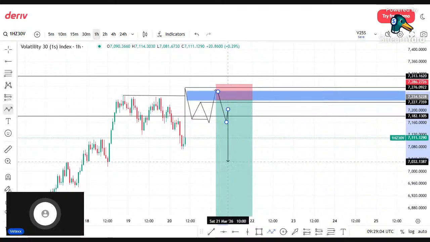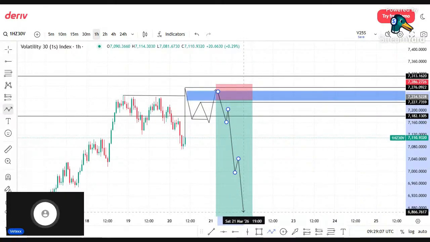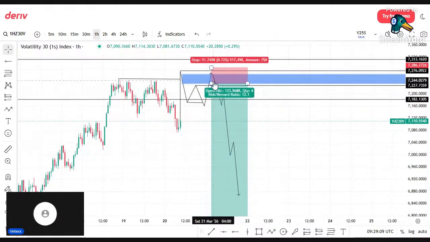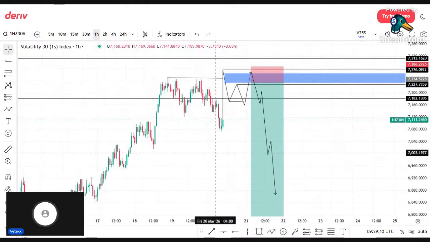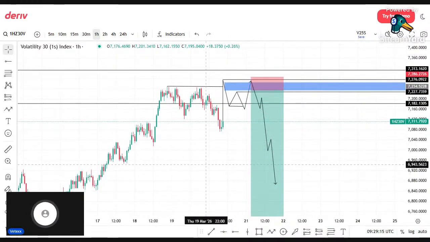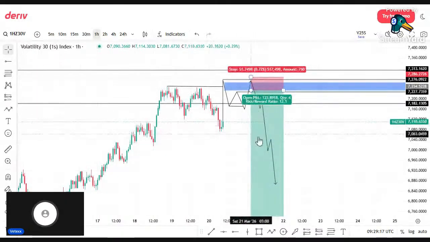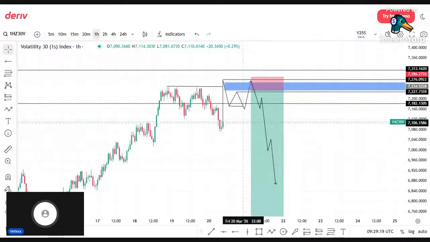You can see how everything is as clear as day, simple as it is. I can't actually say simple because it might take you time to understand the whole of this, but it is quite simple. So price needs to give us this first on the higher time frame before we can embark on any sale.